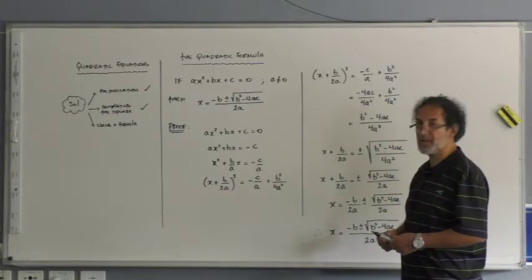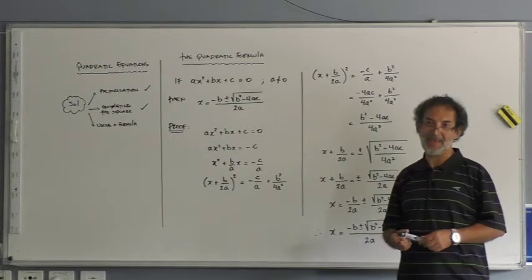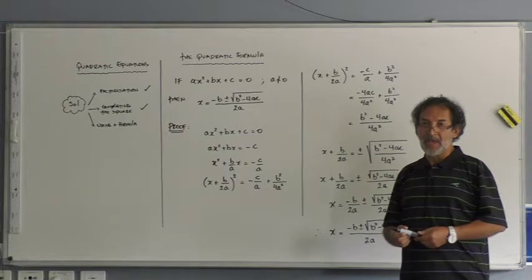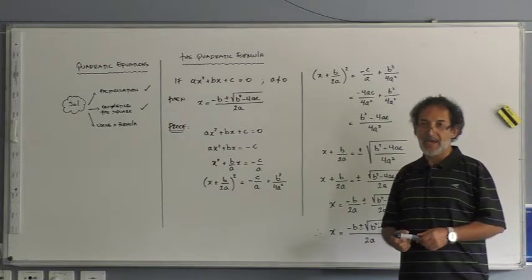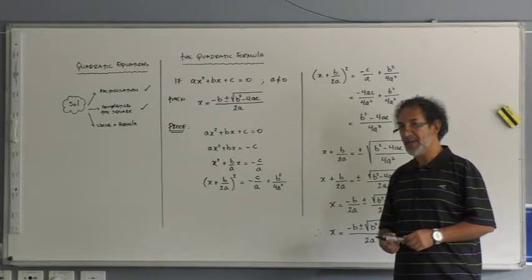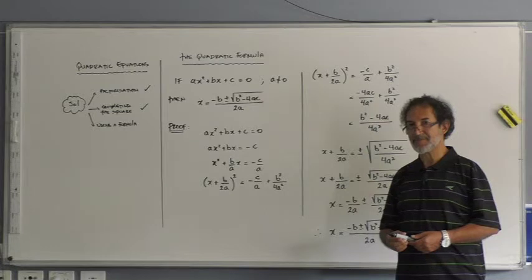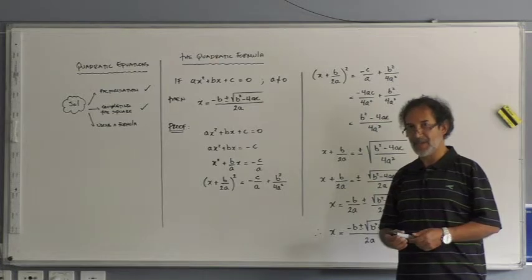You can use the formula all the time. So would it be better for us to just use the formula every time, even though it might take longer? No, you're better off practicing all of them, because the question in tests will be like, use factorization or use another method.